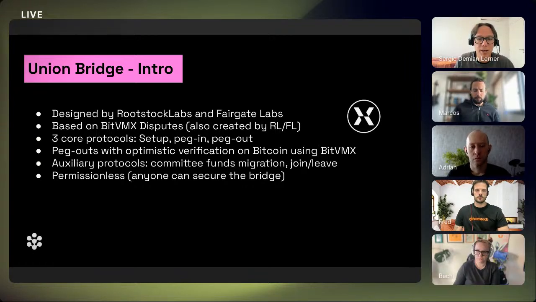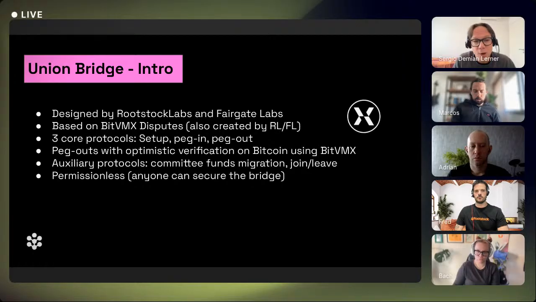This is the flavor created by Rootstock Labs, and it's much more efficient than BitVM2, which was created by the BitVM Alliance. So we have much cheaper disputes, and it's a protocol we are very proud of, also created by Rootstock Labs.